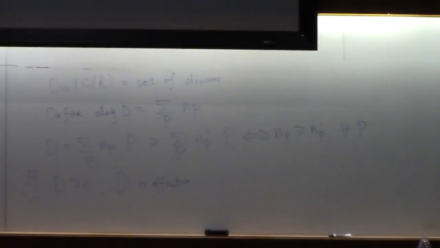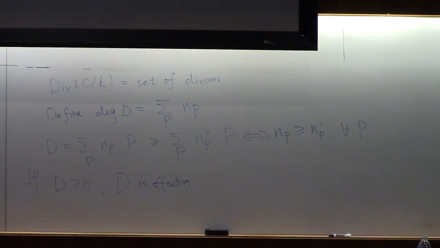Then you may ask the question why we care about this seemingly stupid definition. The first answer might be because we want to count the k-rational points on a smooth projective curve, where k is a finite field.